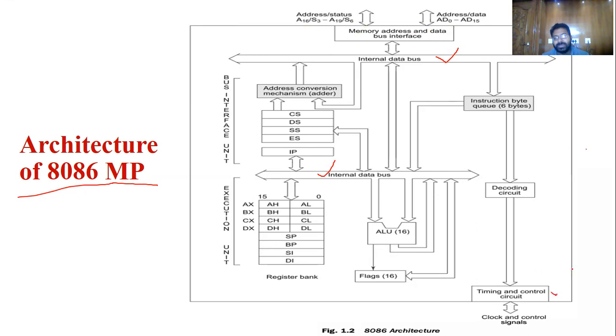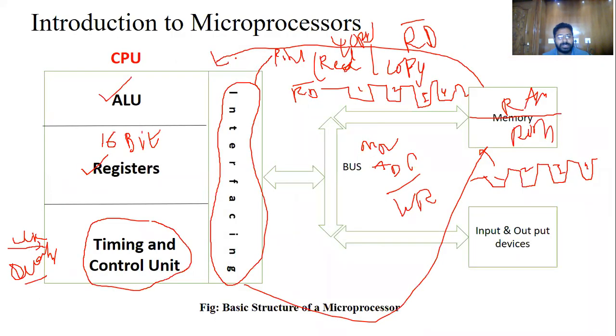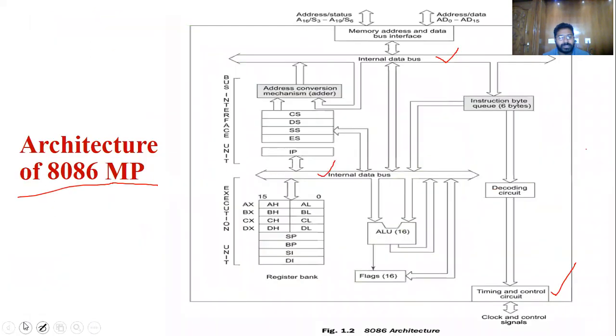This is the timing and control unit. Then these are the registers; we have four different categories of registers. Whenever anyone asks in the examination, you can draw this architecture of the microprocessor.